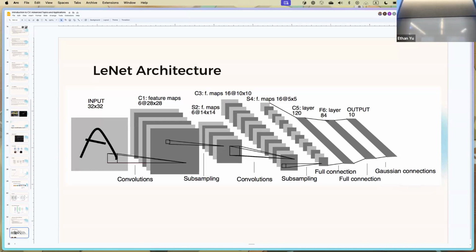And then at the very end, after you get to here, you basically flatten all of this. Flatten means that when you do a convolution on a 2-dimensional image, you're going to get a 2-dimensional result. For the fully connected layer, we want 1-dimensional tensors. So you flatten it into 1-dimensional tensors and then pass it through 3 fully connected layers with those sizes specified, and then you want to end up with a 10 size output.